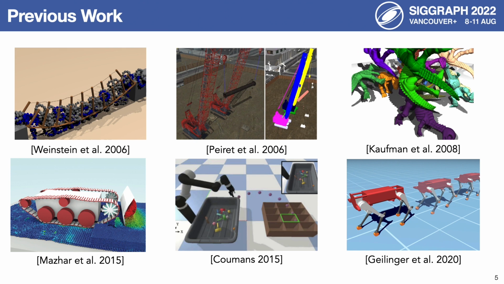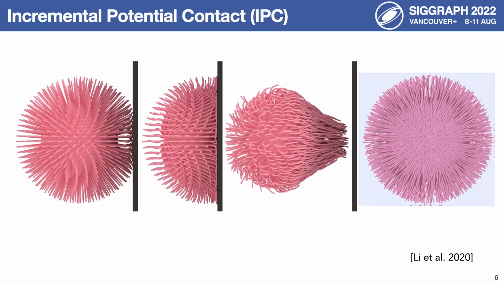Multibody dynamics has been extensively studied in graphics. The key challenge is always how to appropriately handle the contact among objects. Previous works are mostly based on the LCP method, which can lead to interpenetration in contact-rich scenes. To resolve this issue, we developed our simulator based on the Incremental Potential Contact (IPC) model proposed in 2020.